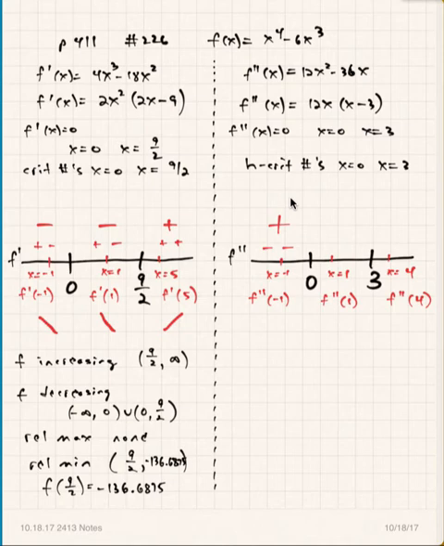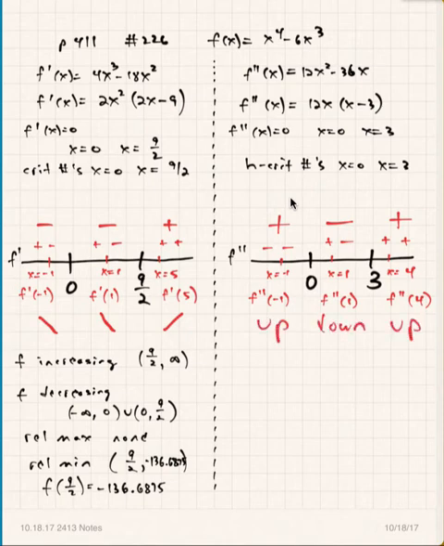At x equals 1, the second derivative is going to be a positive and a negative, and so you get a negative. And then at x equals 4, you get a positive and a positive, and so the second derivative is positive.